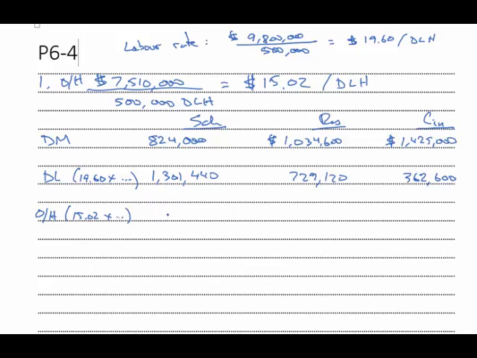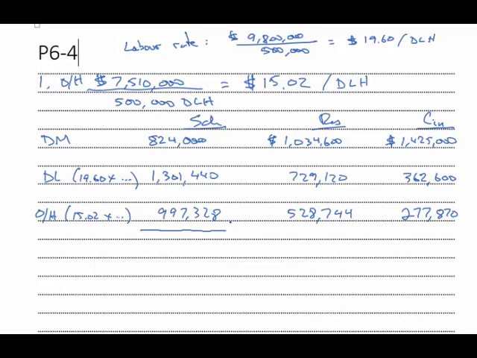So 15.02 times 66,400 is 997,328. 15.02 times 37,200 is going to give you 528,744. And for the cinema, 18,500 hours times our 15.02, $277,870.